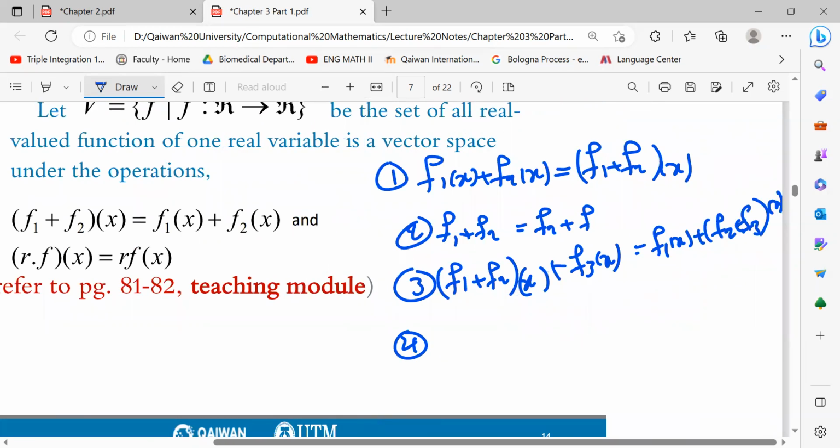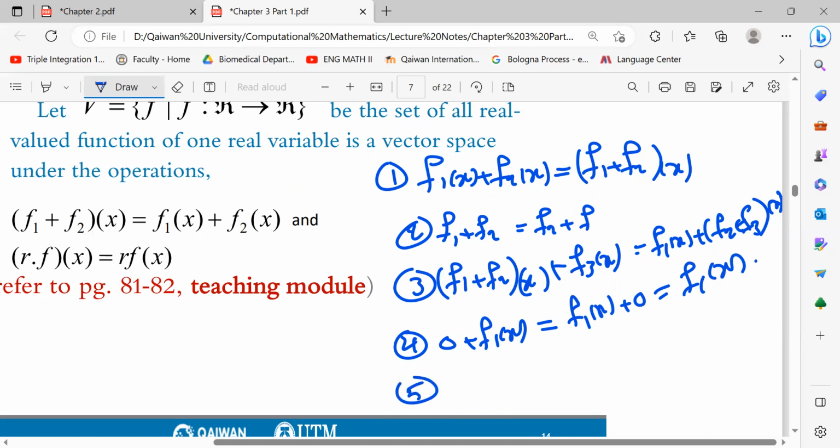For the fourth one, we must show that we have 0 plus f1 of x equals f1 of x plus 0, which is f1 of x. Of course, 0 adding to any function is the function itself. Number 5, we must have the additive inverse.